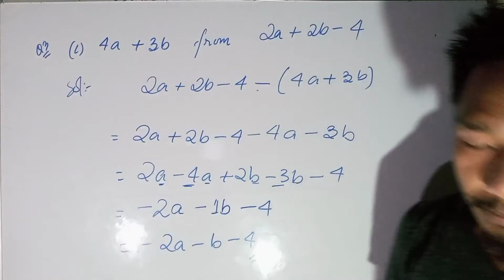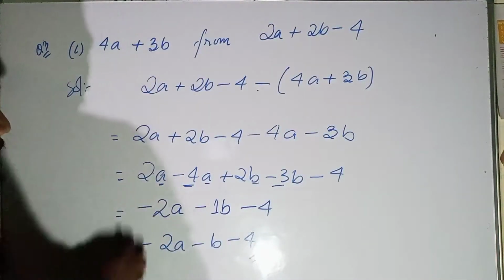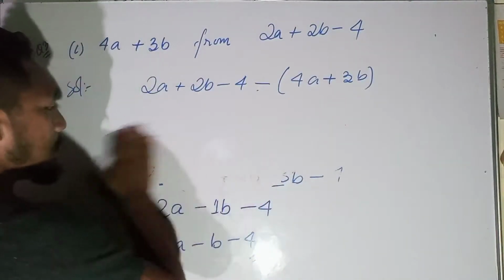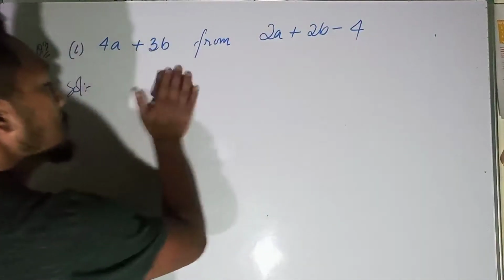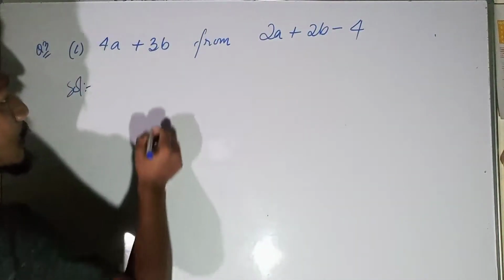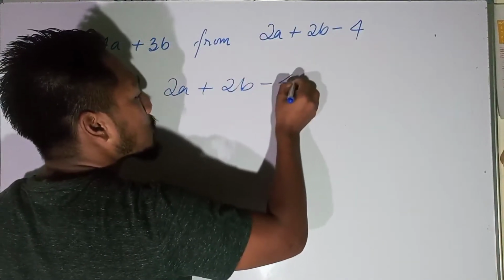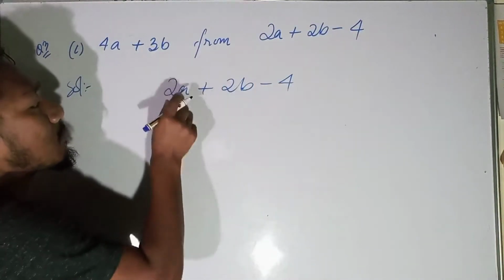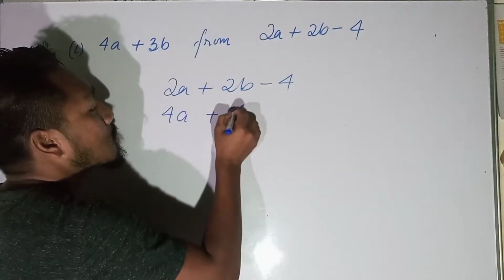Clear about this? The same question we can also do by another method, the column method. We write 2a plus 2b minus 4, and below it the like terms, 4a plus 3b.